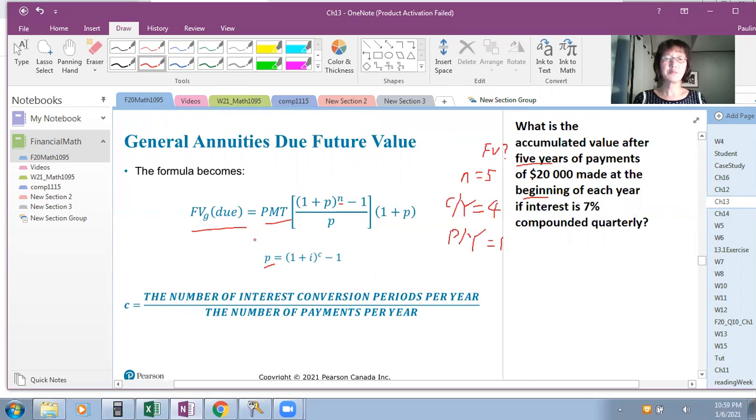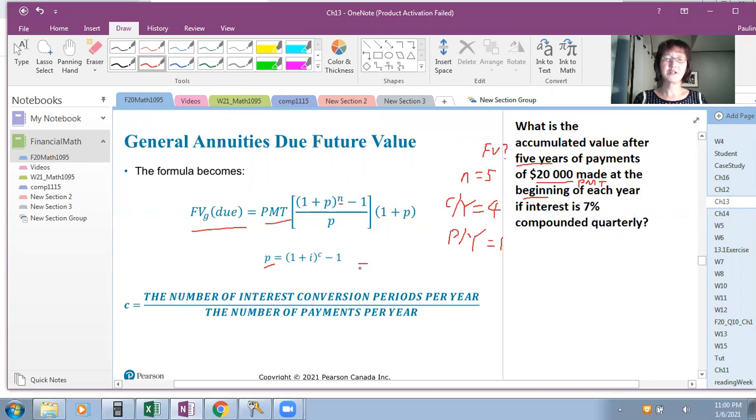In the formula method, PMT is given, that is 20,000. This is PMT. We also know term N is 5. So we need to calculate P. P equals 1 plus I raised to power C, minus 1.